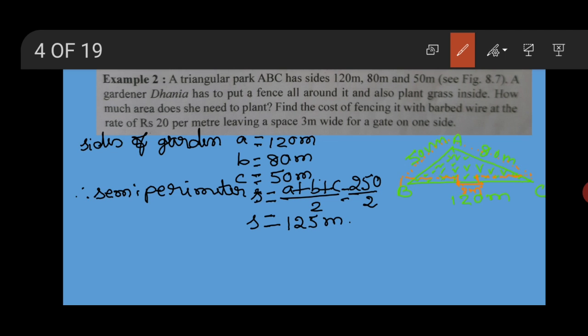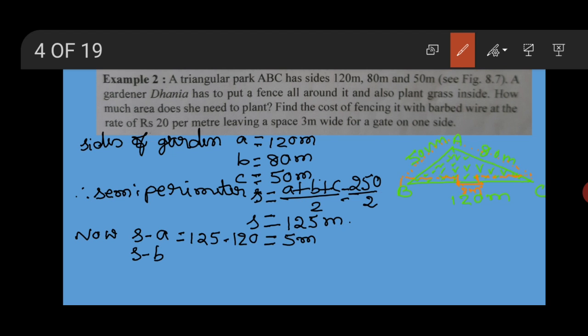Now let us try to write s minus a. It is equal to 125 minus a, which is 120. Then you will get s minus a equal to 5 meter.